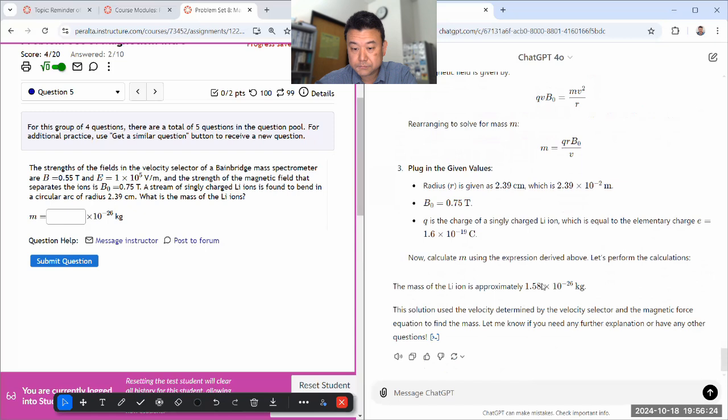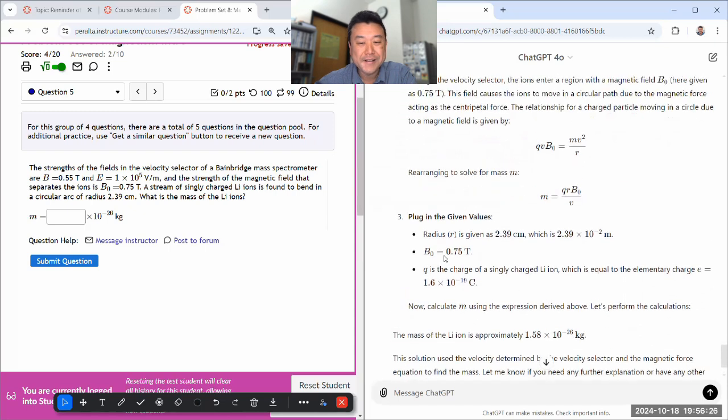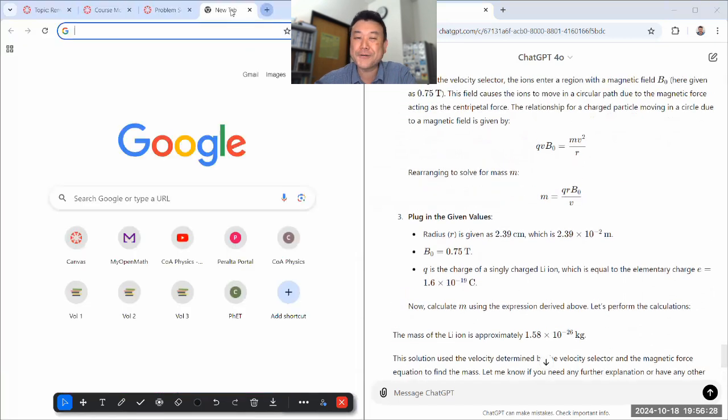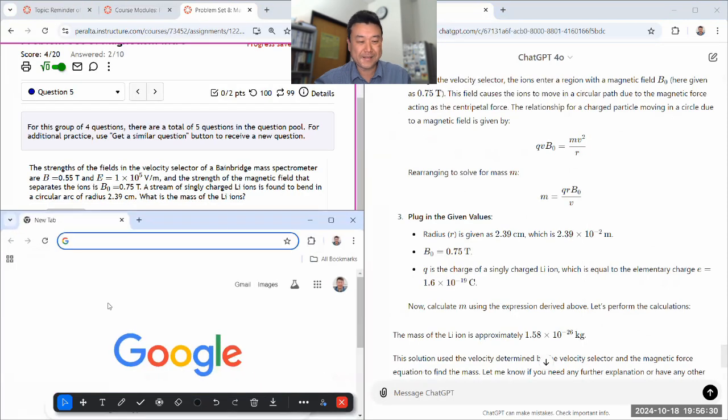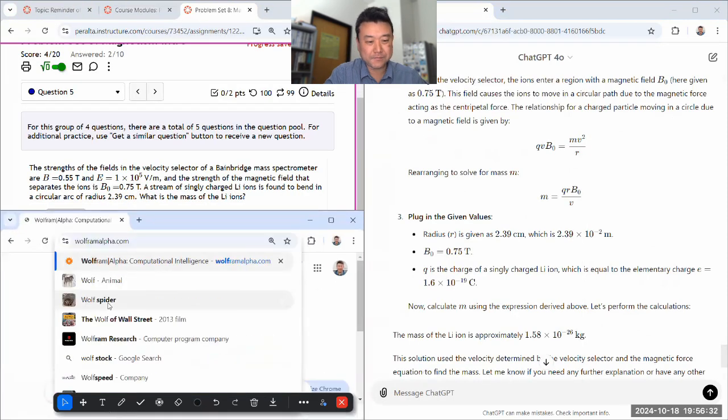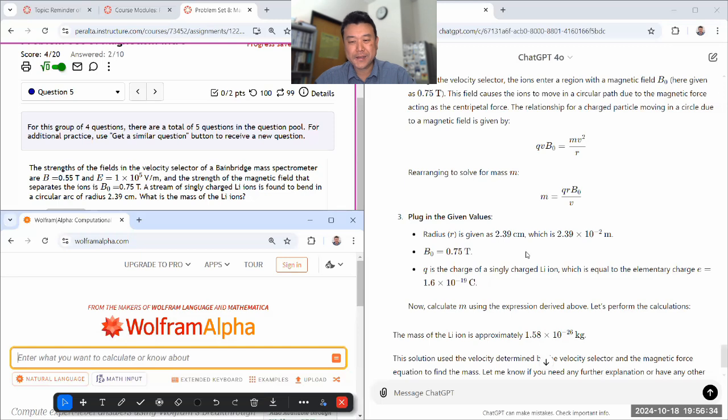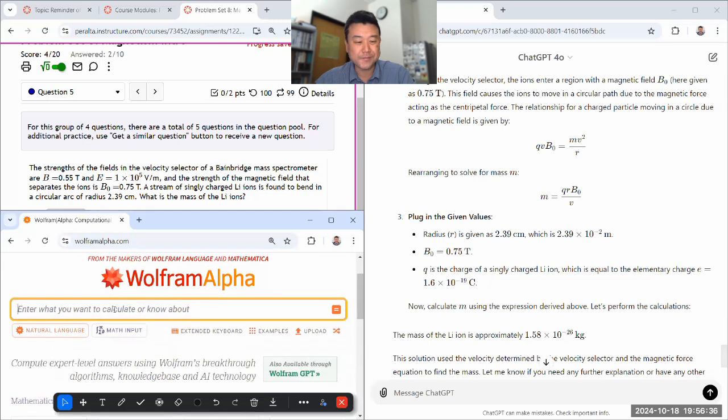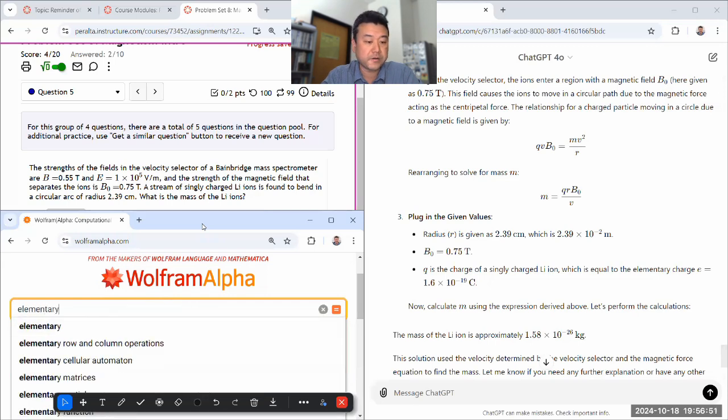So is it just giving me the answer? Let's just double check that is correct. I don't know if it would have behaved differently if I gave it my usual prompt, but I don't have a lot of time remaining, so let's just finish this up. The formula has a charge, and it was singly charged, so the charge would be the elementary charge.